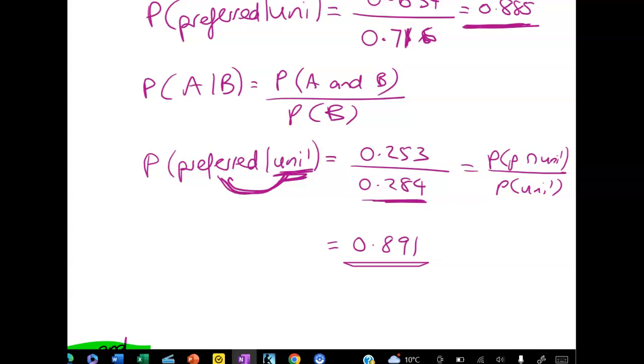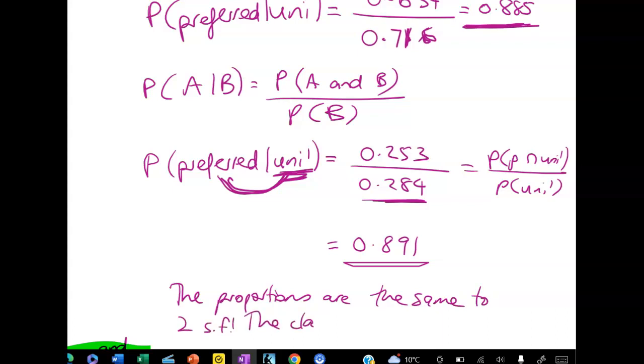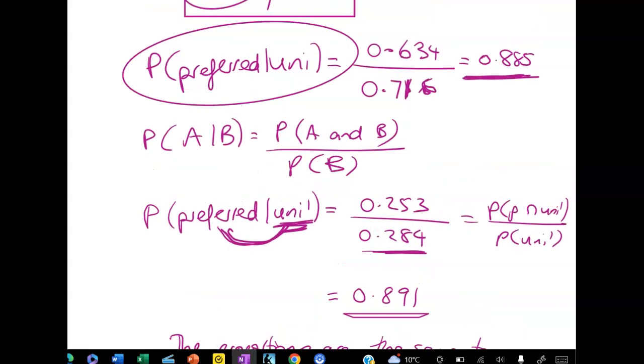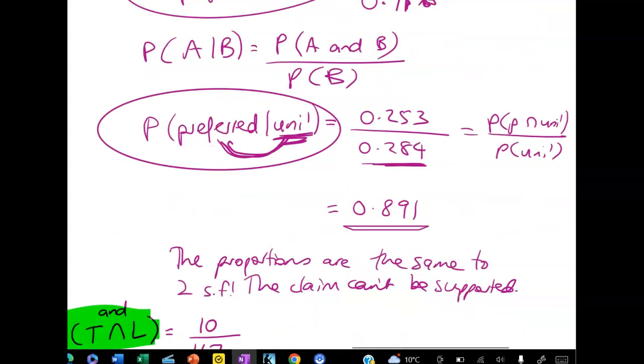I would say that the proportions or the probabilities are the same to two significant figures. So the claim can't be supported. Remember, what the school was claiming was that this one is twice as high as this one.